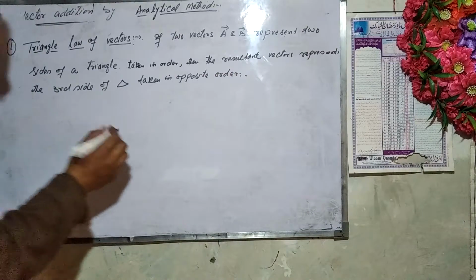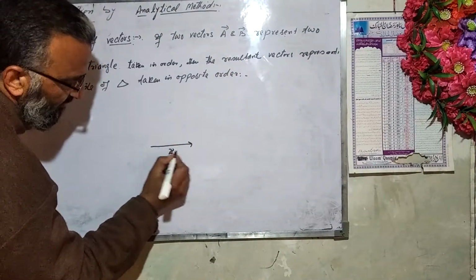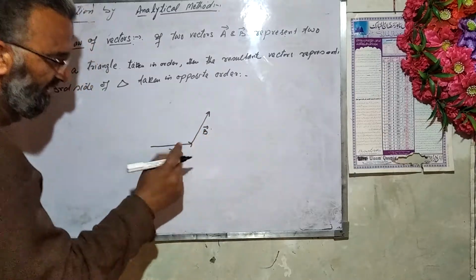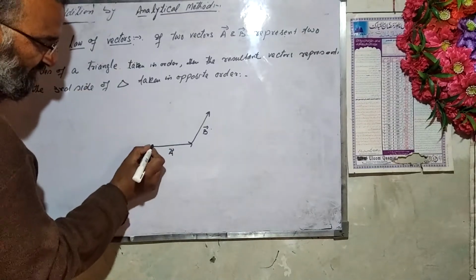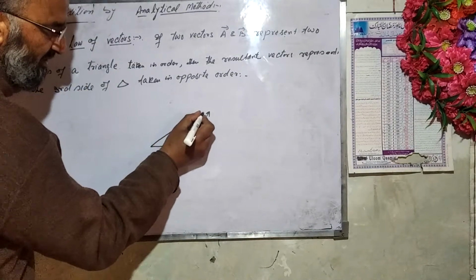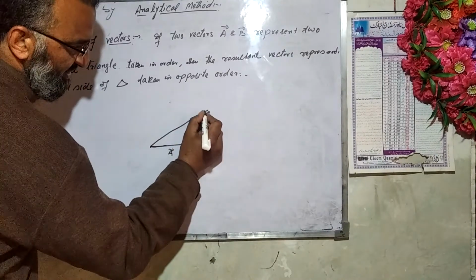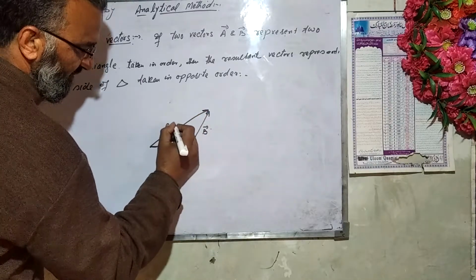Now see here, we have vector A, this is vector B, they are inclined at some angle. Now according to this law, they are taken in order from here to here. Now this is from tail of first to the head of last. This resultant is equal to A plus B.